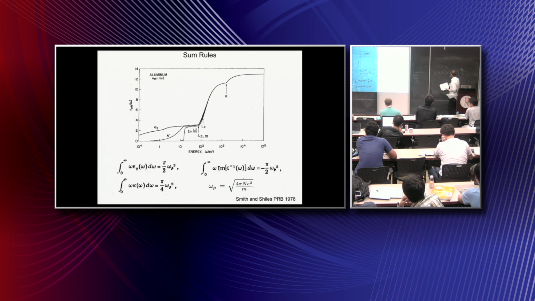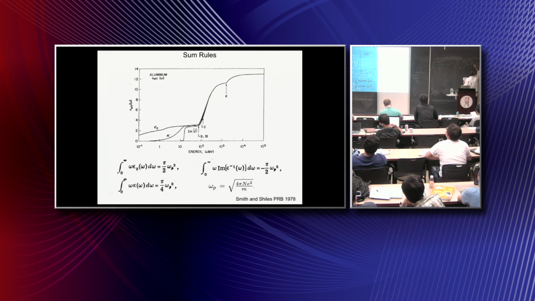So let's see, actually, let me just, nope, I'm not going to be able to see it, honestly. All right, so I have 1 minus omega p squared over omega squared equals 1 minus 2 over pi omega squared integral of omega prime epsilon 2 omega prime d omega prime.